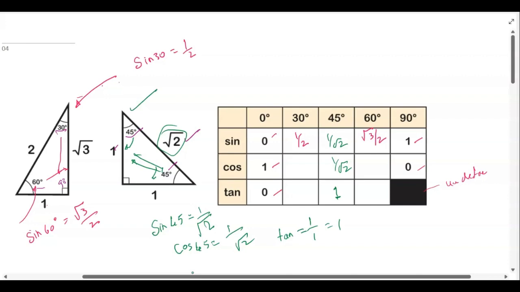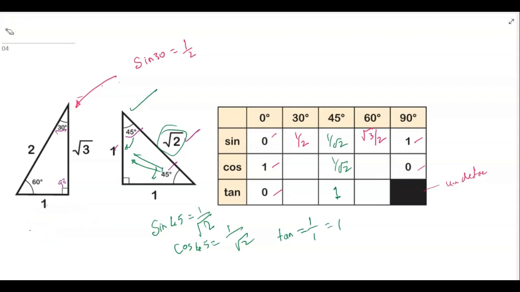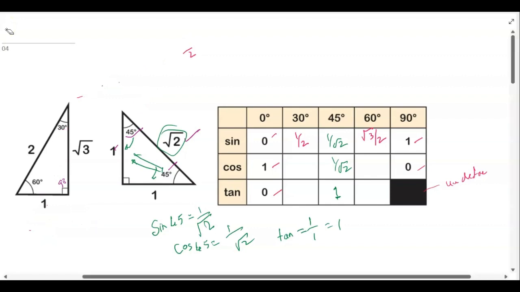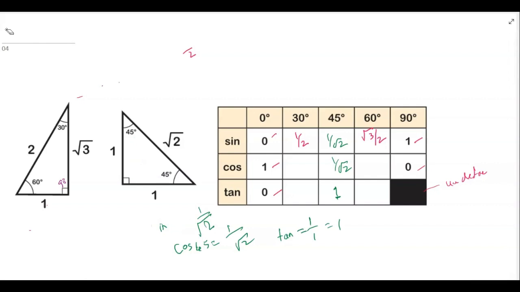Now let's continue with this part. We'll be using this triangle now. I'll erase all this so it will not create any confusion with the other calculations. Let's begin here with cos 30.